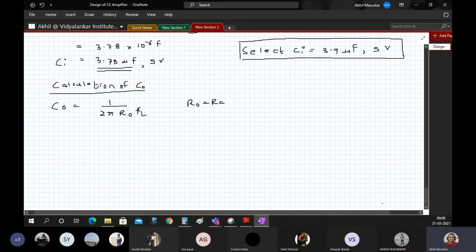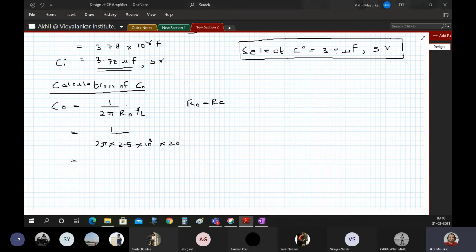R0 is simply equal to RC. So here we will write 1 upon 2 pi, RC we have already calculated, 2.5 into 10 raised to 3 into 20. So what is the value of C0 that you are getting?